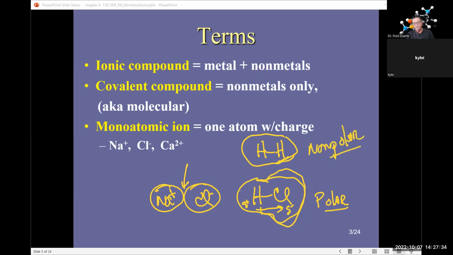The other difference is that ionic compounds, when we put them in water, will dissociate and break apart. Covalent compounds don't do that, with one exception, and those are acids. We'll talk about that when we get to that chapter, but that's a big difference. So if you get pure water, which won't conduct electricity because there's no ions, and you put an ionic compound in there, the ionic compound will dissociate.